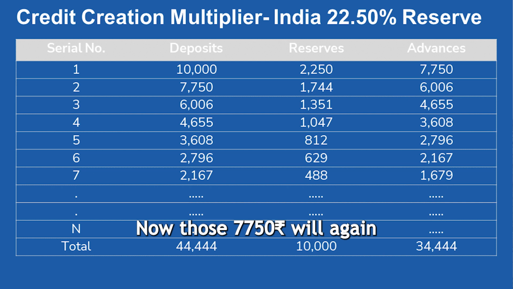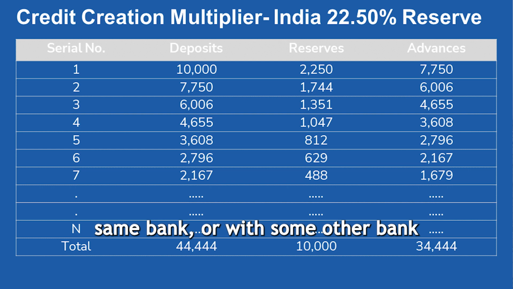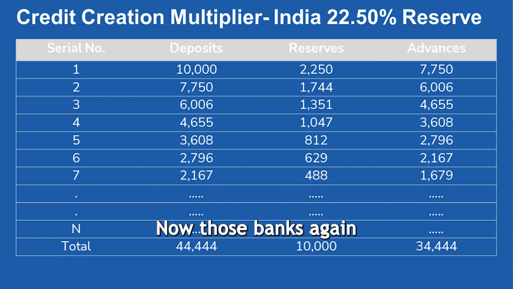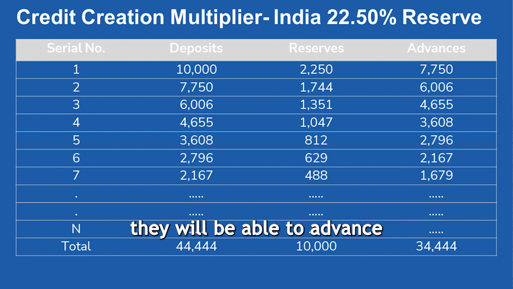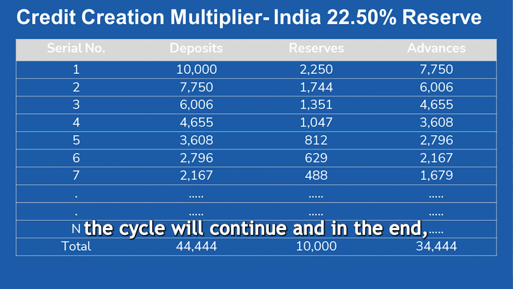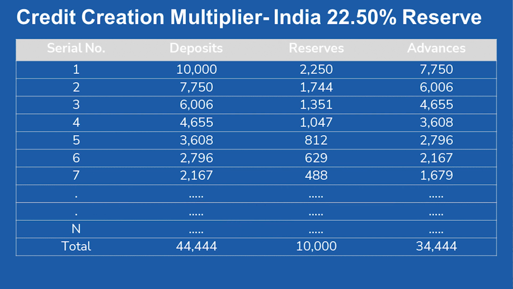Now, those 7,750 rupees will again come back as deposits either with the same bank or with some other bank in the banking system. Now, those banks again will have to put 1,744 with RBI by way of deposits against SLR and CRR, and only 6,006 rupees they will be able to advance to their borrowers. Like this, the cycle will continue, and in the end, deposits to the tune of approximately 44,444 rupees will get created on the liability side of the balance sheets.